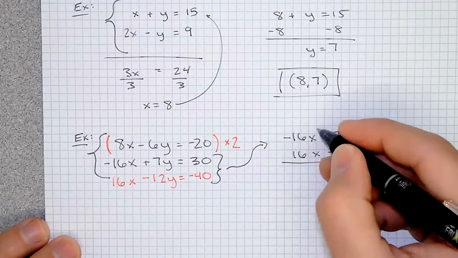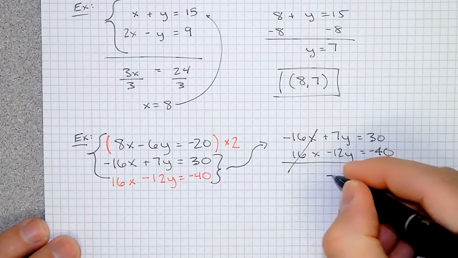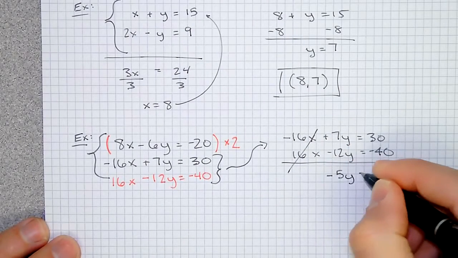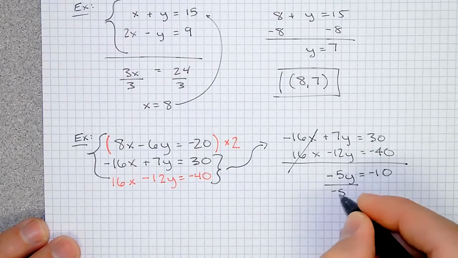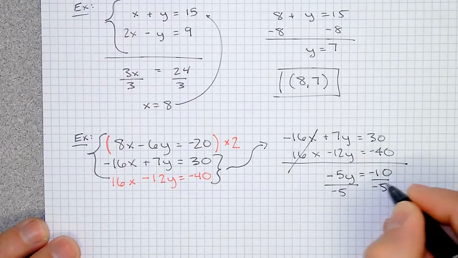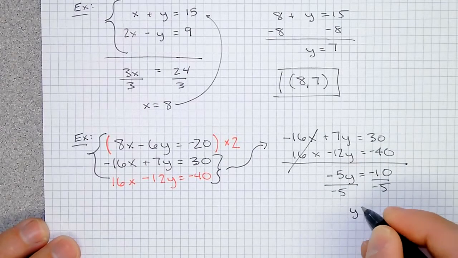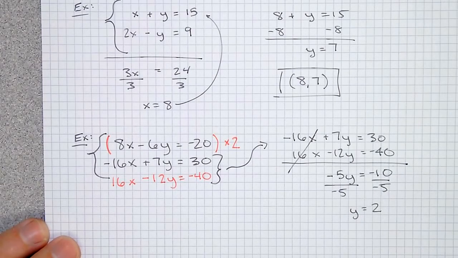Now when I combine them, my x's cancel. I have negative 5y equals negative 10. And I get a y value of 2.